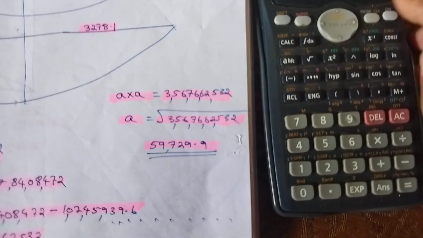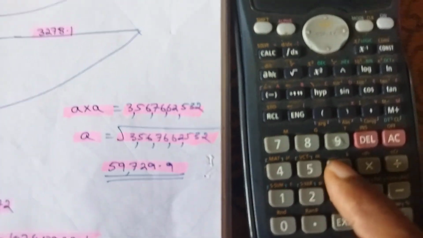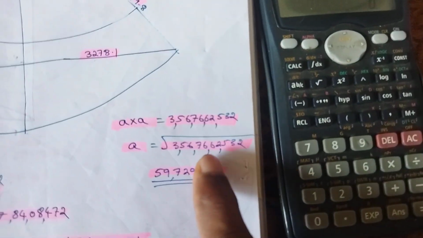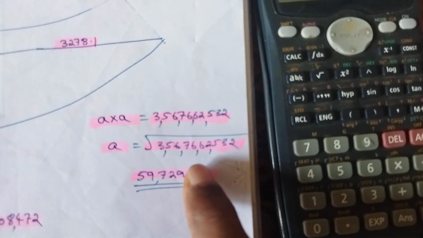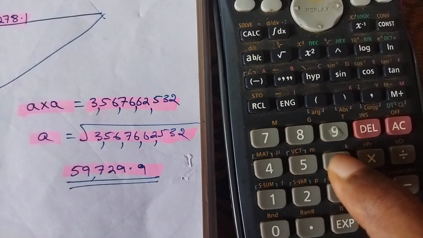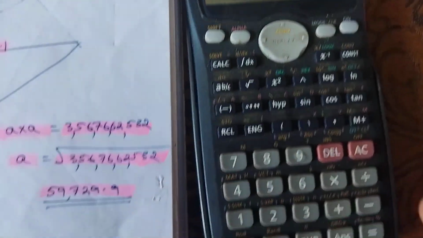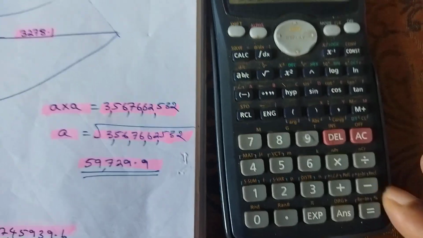356 crore, 76 lakh and 62,532. Its square root has to be found out.